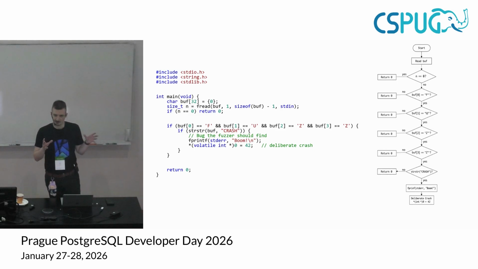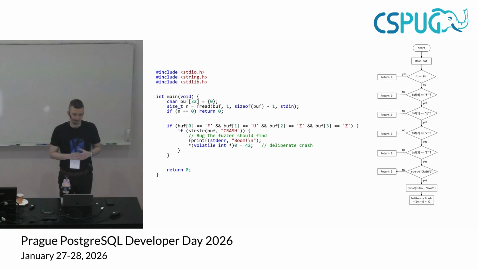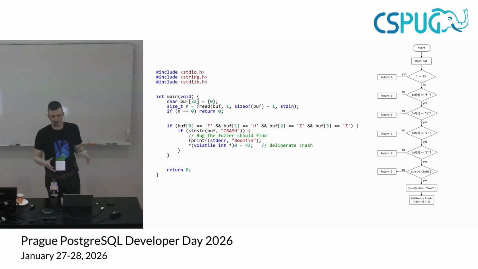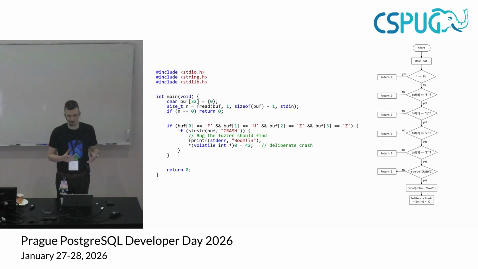If all of that is contained within the input string, we will do an illegal operation and essentially crash our program. This is deliberate, but you can imagine some form of complex software that has this crash hidden.